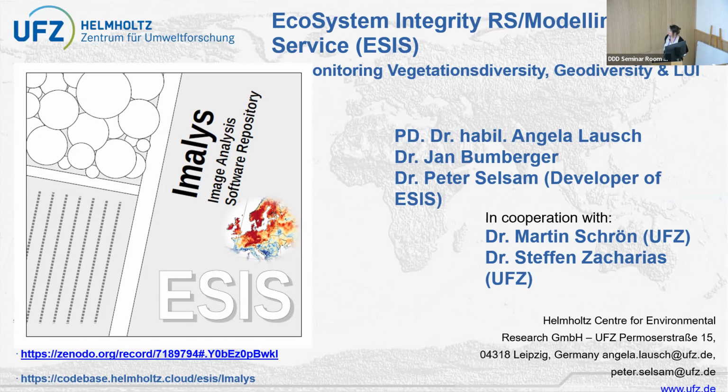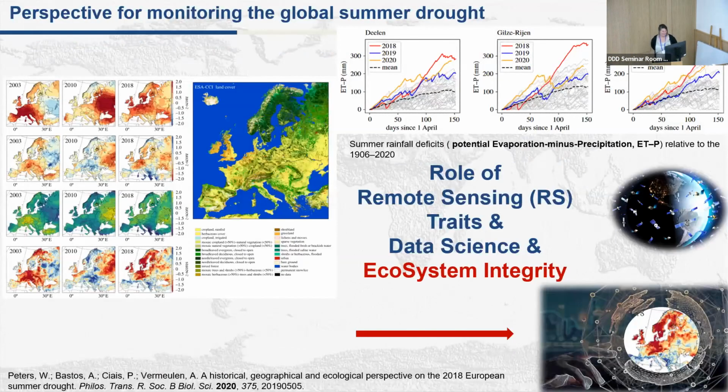My presentation is in combination with my colleagues Jan Humberg and Sam, the developer of ASIS. We want to look at monitoring global ecosystem integrity. We know that remote sensing is really important, remote sensing creates data science, and ecosystem integrity is really important.